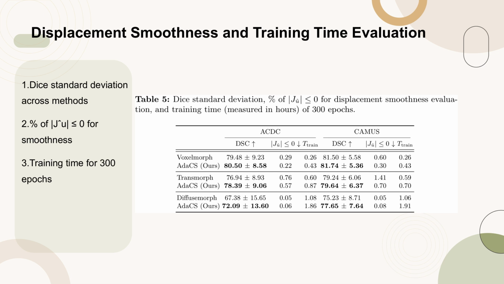The table shows that all methods maintain a smoothness percentage below 1%, ensuring physical plausibility and smoothness in the deformations. Our method, ADCS, produces smoother deformations in voxelmorph and transmorph, and achieves similarly smooth deformations in diffusemorph, with percentages below 0.1%. The training times are also provided, showing the computational efficiency of each method.